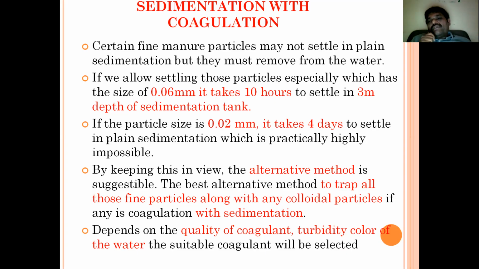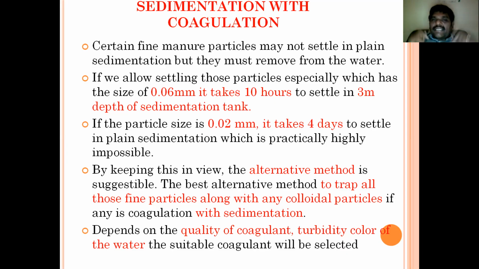In the hopper bottom, we have seen that all the heavy particles settle on the bottom. But water from the intakes may have other impurities which cannot settle on the bottom, and we need to remove them in the name of treatment.